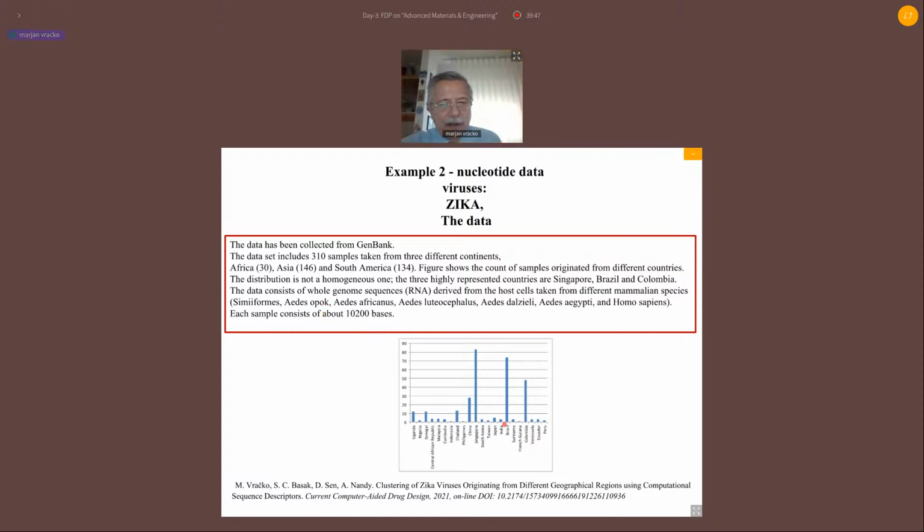Here is the distribution by country. It's not very good to see, but I think the largest parts are Singapore, Brazil, and Colombia.